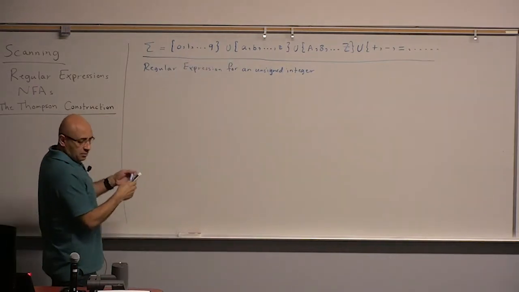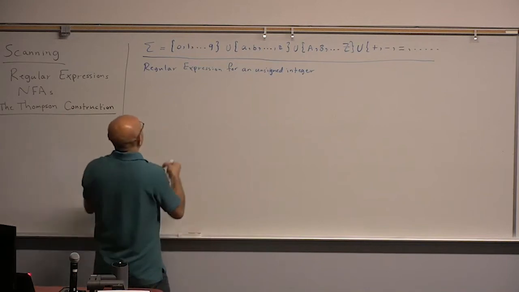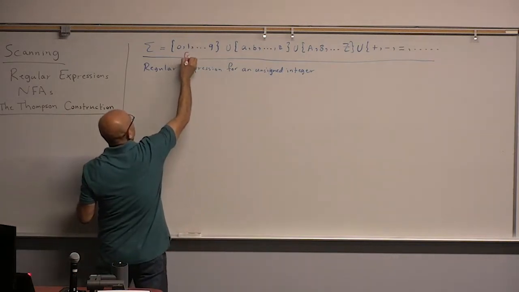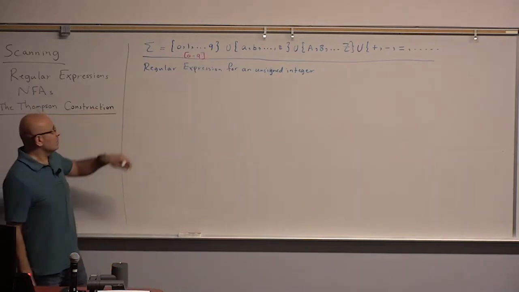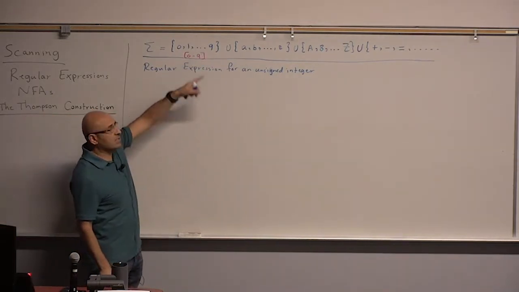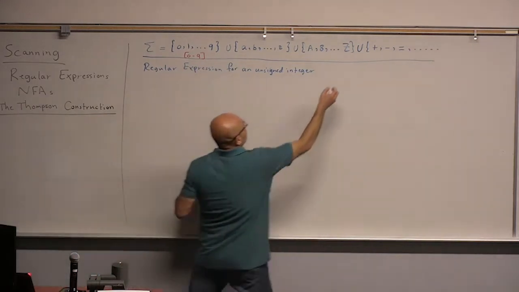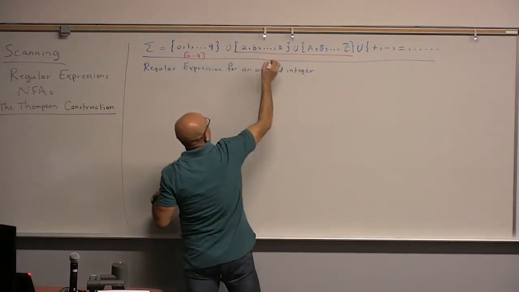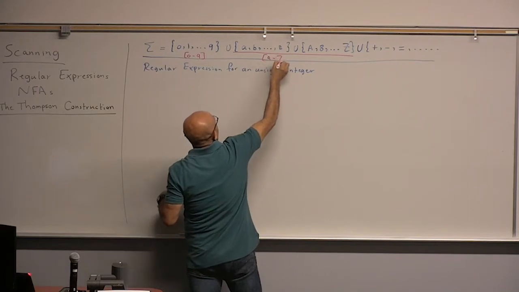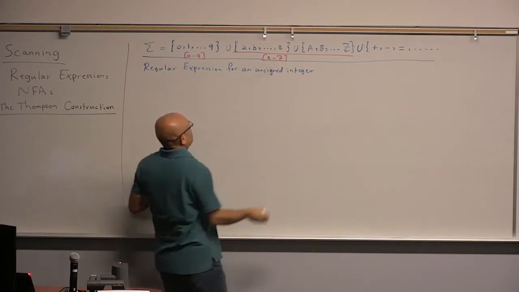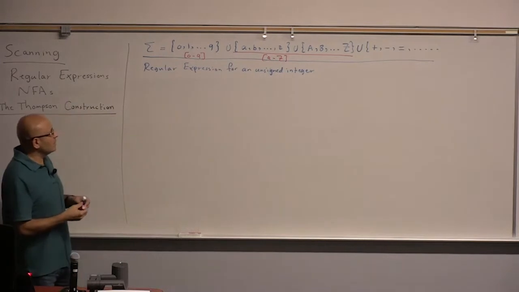For numbers, we will use the shorthand 0 to 9, which means all the numbers from 0 to 9. And for alphabetic, we will use A to Z. This is different from what they're using in the book.